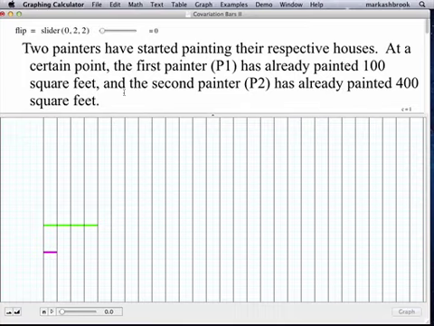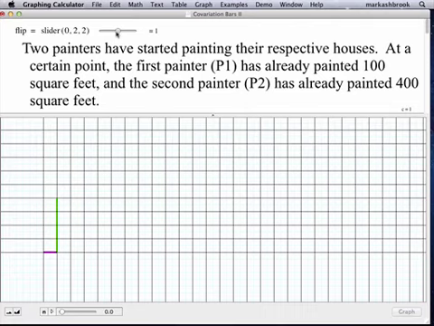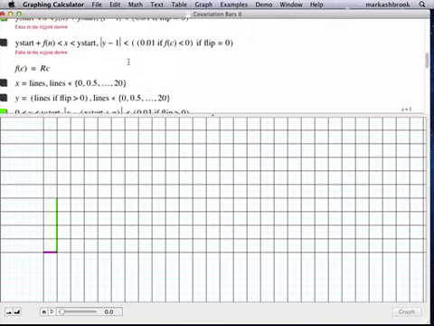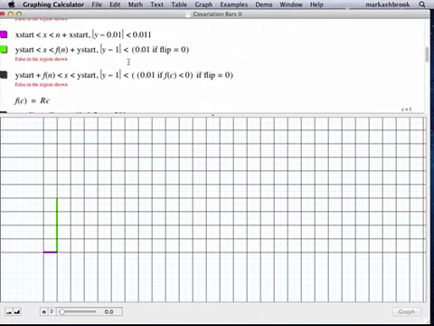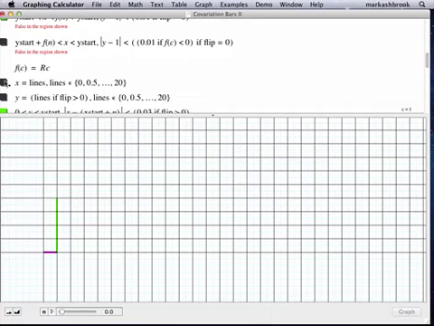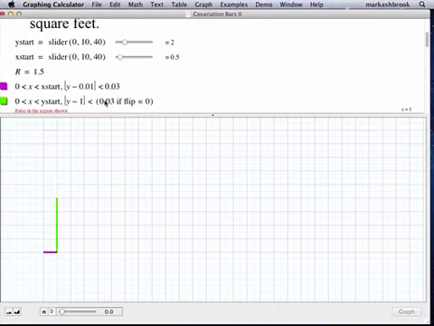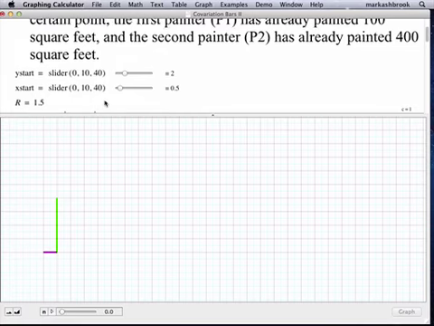Okay, so if I want to talk about slope, it's a little too dark. Hold on a sec. How about that? Can you see those? Is that better? Okay.